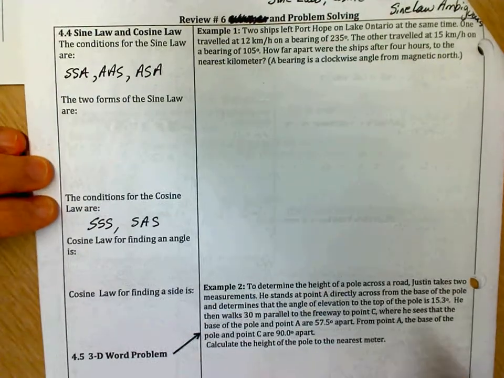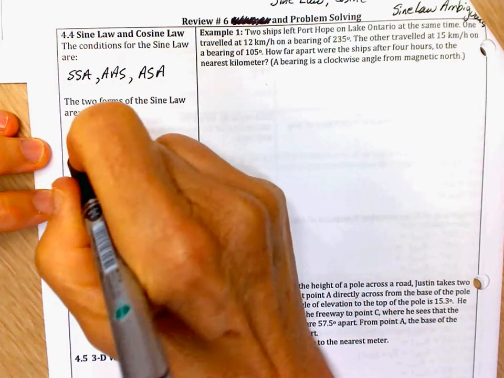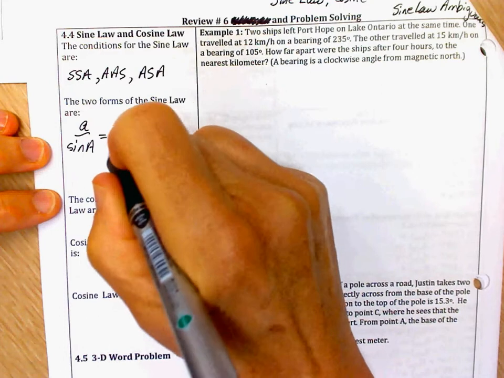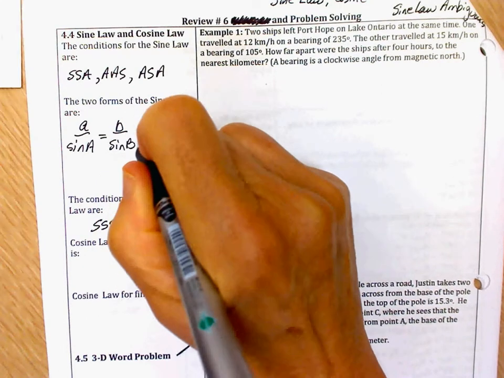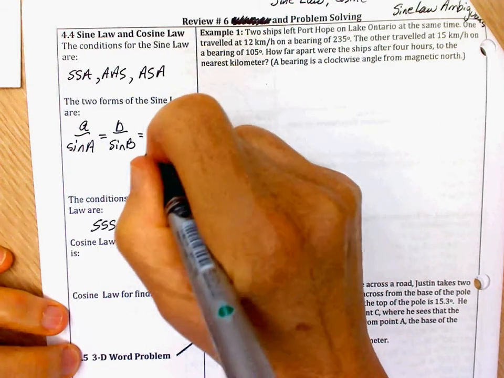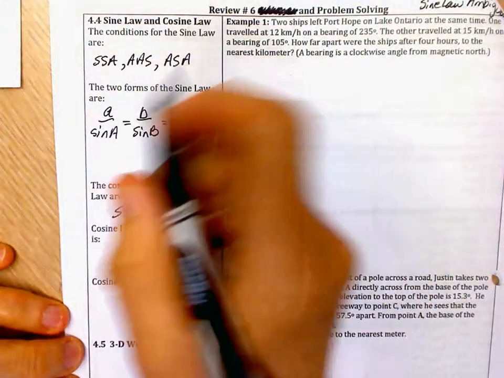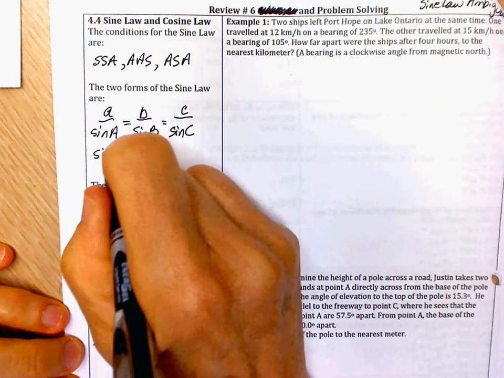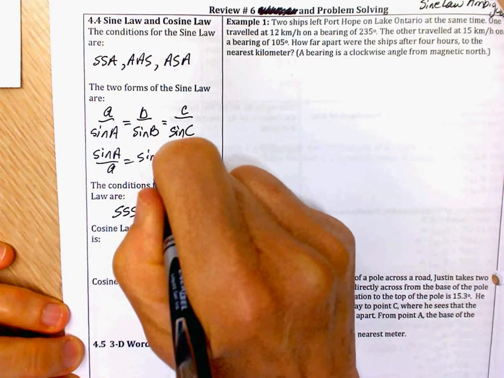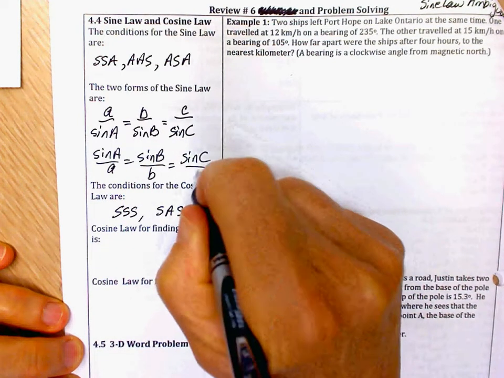The two forms of the sine law are just simply a over sine of angle A, that's the length of side a, equals b over sine of B, which equals length of side c over sine of C. The other form is the reciprocal version, which is sine of A over a equals sine of B over b equals sine of C over c.